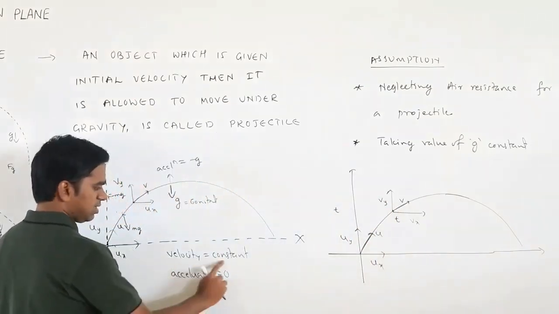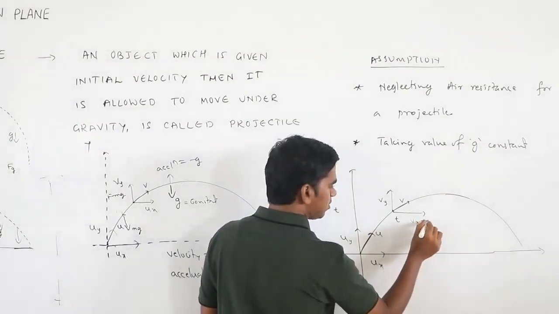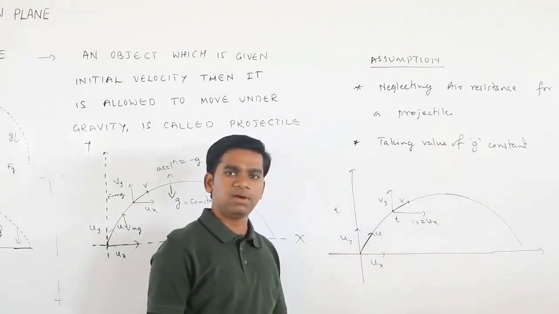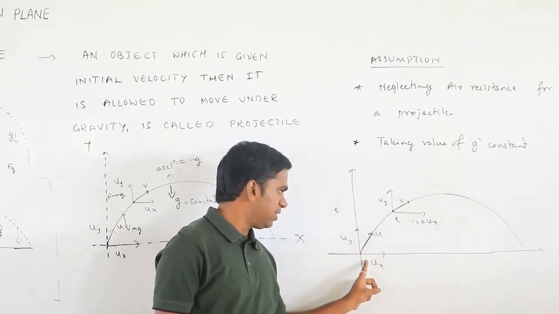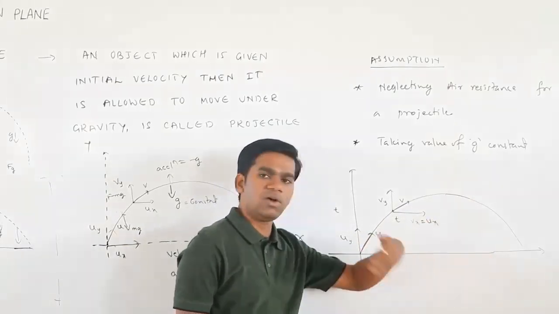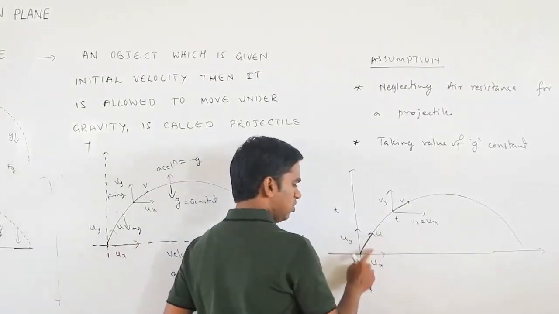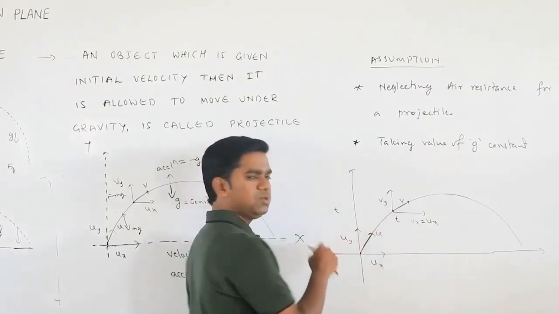Since velocity is constant, if it is ux here, vx is also equal to ux. Why? Because there is no acceleration along horizontal motion. Wherever you take, along the horizontal, velocity is constant. Here also vx is equal to ux only. But vy is not equal to uy.